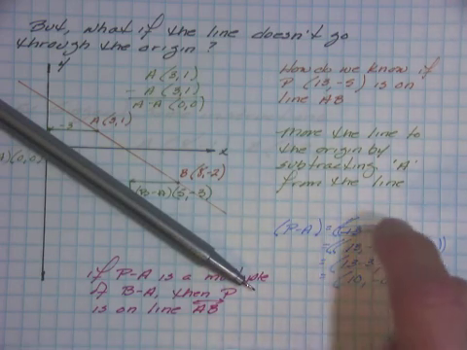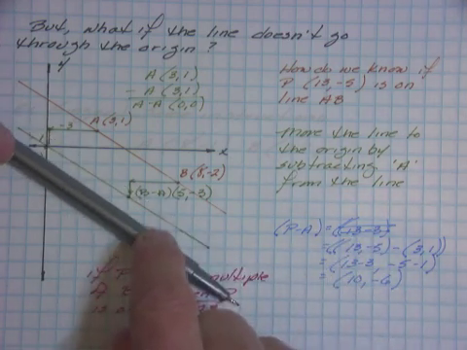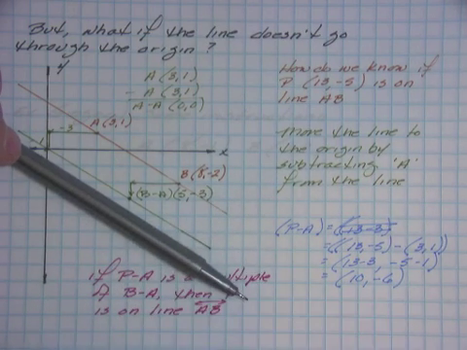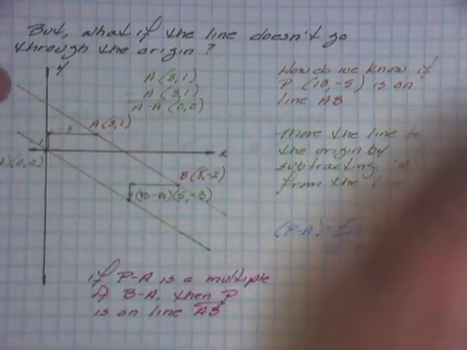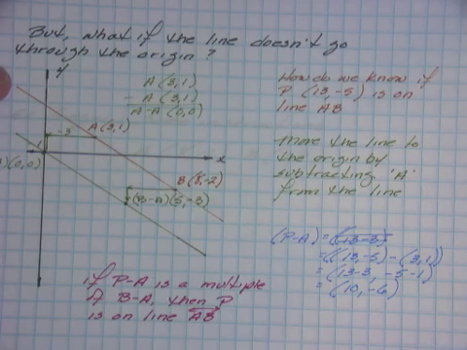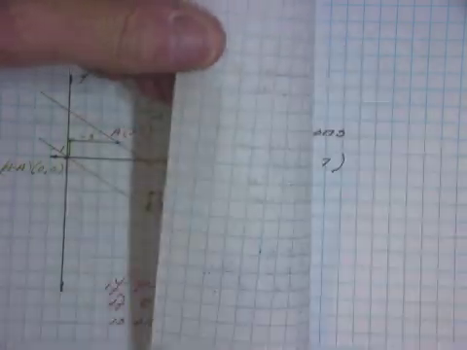And I did that just by taking the original line, moving it down to the origin, checking to see that P minus A, so that relocated point P, is on the green line. So if the relocated point P is on the green line, then the original point P must be on the orange line. All right?